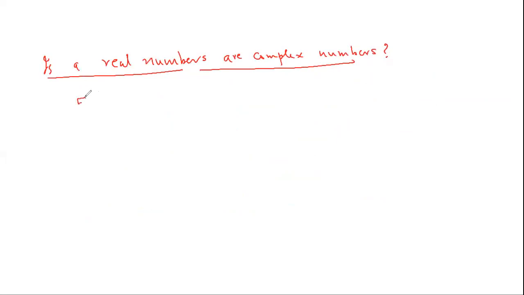Let's say 5. 5 can be written as 5 plus 0i. Therefore, it is a complex number. Any real number a can be written as a plus 0i. Therefore, this is a complex number.